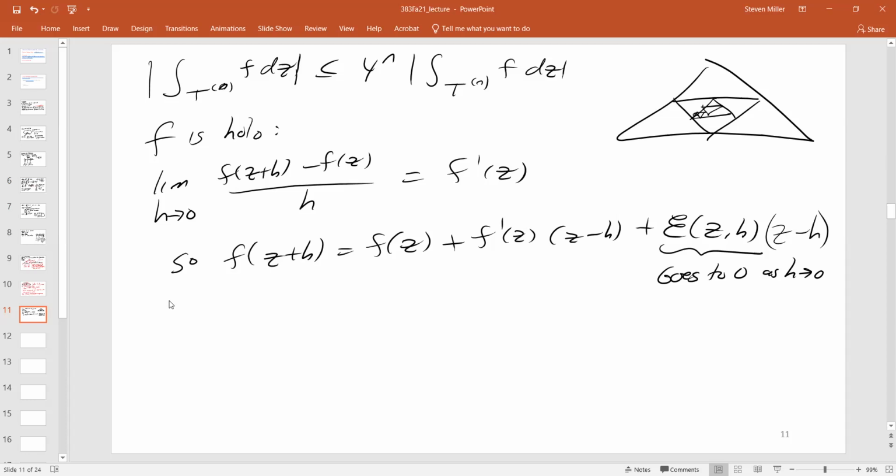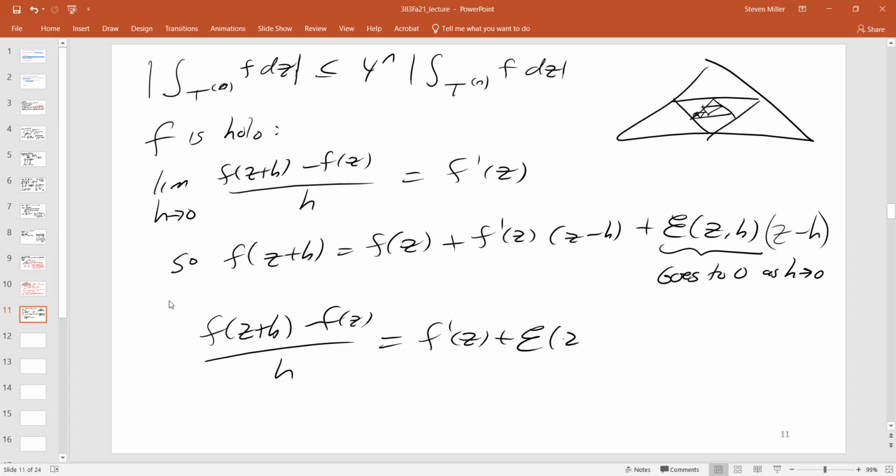Okay? So again, we just have f of z plus h minus f of z over h is equal to f prime of z plus e of z, h. And I'm not really saying anything about that function. I'm just saying, look, it's not exactly f prime of z if h is not 0. And again, we're never taking h to actually be 0 in the limit. We're just looking at what happens as h gets smaller and smaller. As h gets smaller and smaller, this ratio is getting closer and closer to f prime of z.